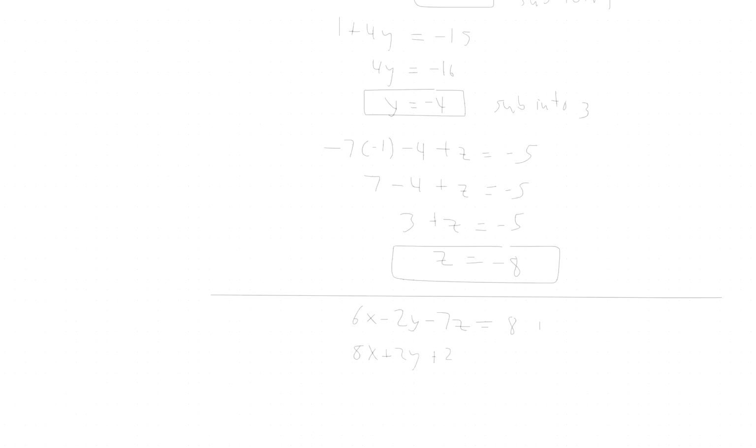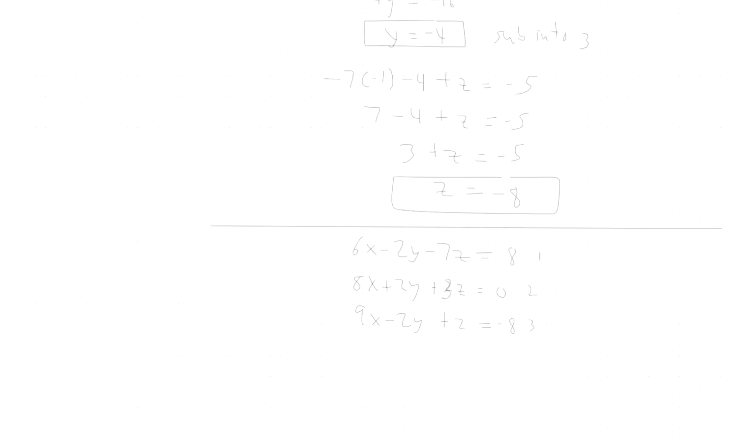No, 8x plus 2y plus 3z equals what? 0. Equals 0. And third equation? 9x minus 2y plus z equals negative 8.